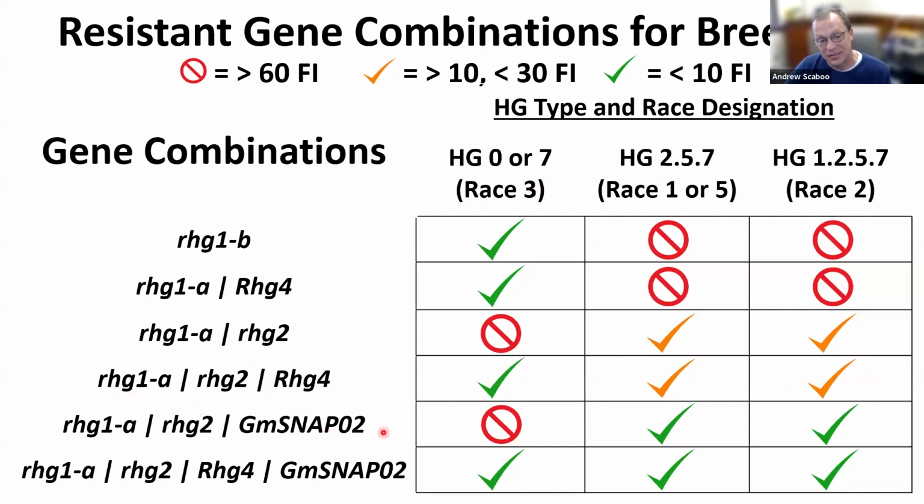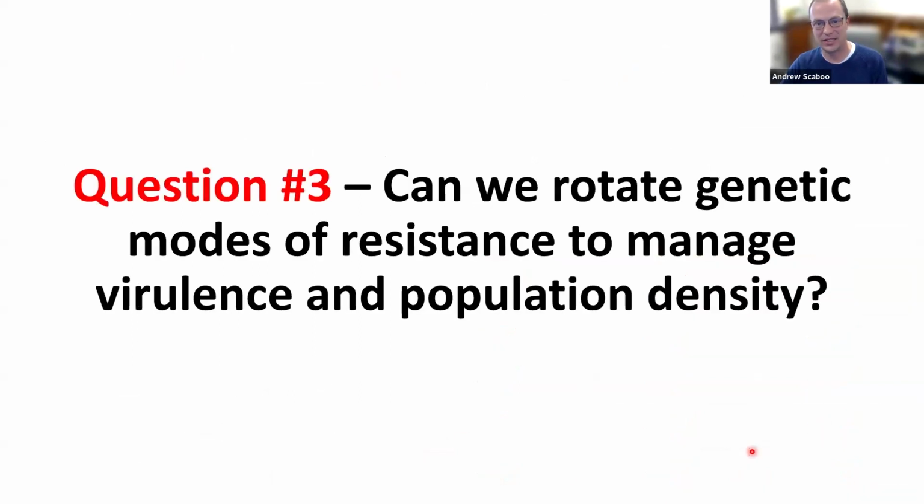Now, when you stack gene SNAP-O2, the new gene that we discovered that I talked about, you gain high resistance to our virulent nematode populations. And then our 4-gene stack, I don't know if there are any breeders on the call, but it is a 4-gene stack that you have to work with. That's when we get high resistance to all 3 of our HG types.